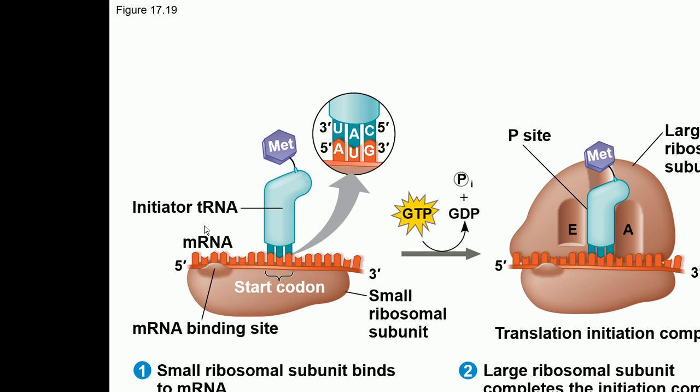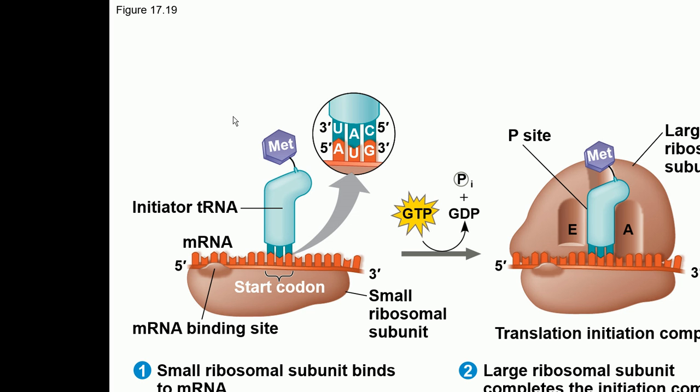Once it finds the AUG, the transfer RNA with the amino acid methionine is recruited here. At this point, the larger subunit of the ribosome also attaches, and that results in the formation of the translation initiation complex.